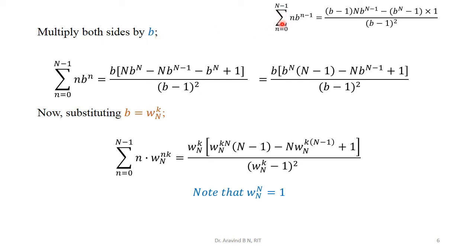So the summation range remains the same, n into b to the power of n minus 1 into b happens. In the sense, this minus 1 gets eliminated and its complete representation now becomes what is written over here: summation n equals 0 to N minus 1 of n into b to the power of n.